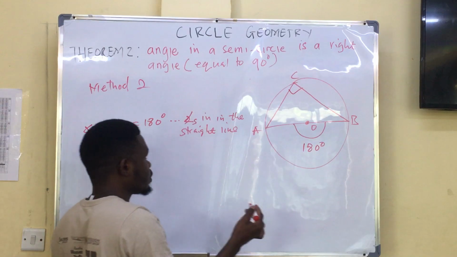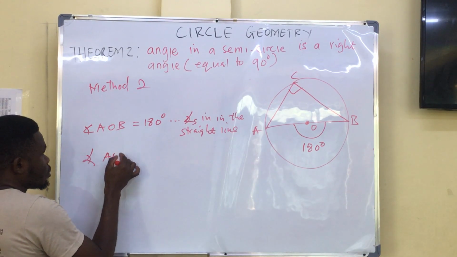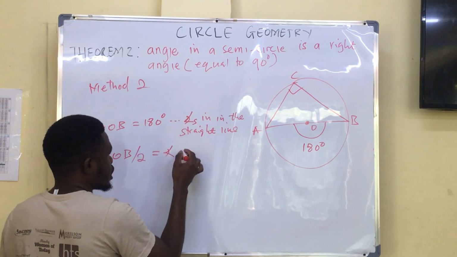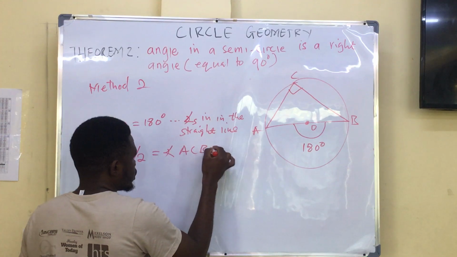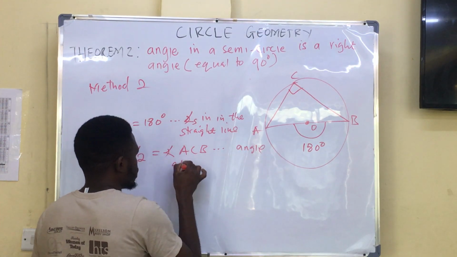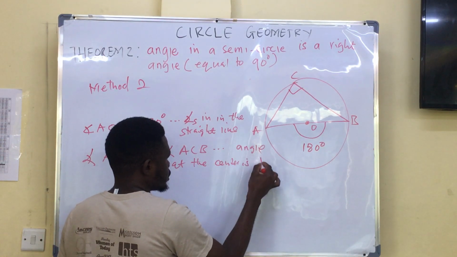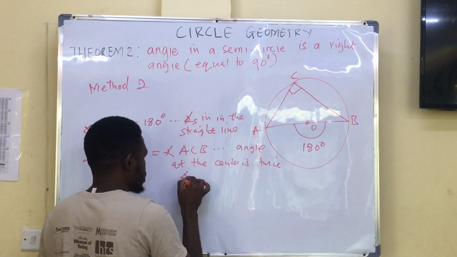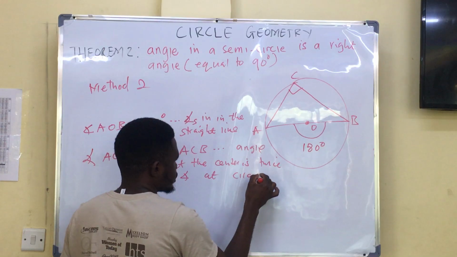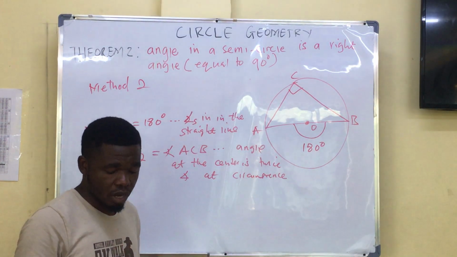So we know that angle AOB divided by 2 is equal to what? Angle ACB. Reason: angle at the center is twice the angle at the circumference.